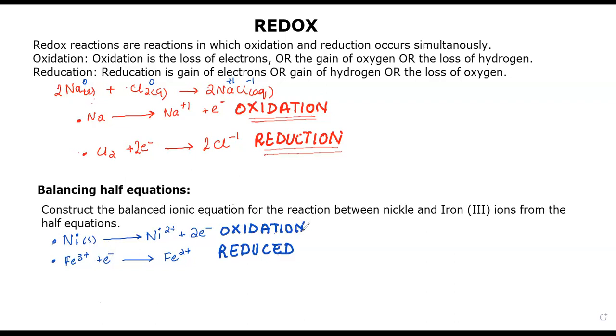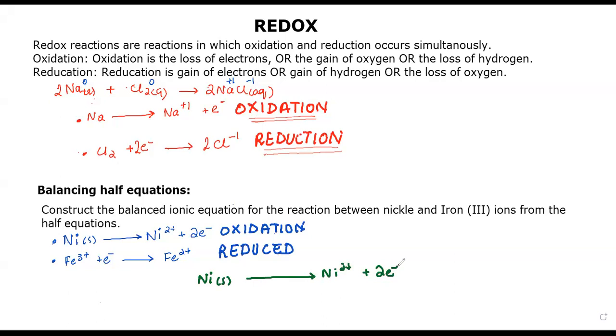Once you figure this out, how are you going to solve the question? What you need to do is write down the two equations on top of each other like this. First write down nickel, then make your arrow, nickel 2 plus plus 2e.